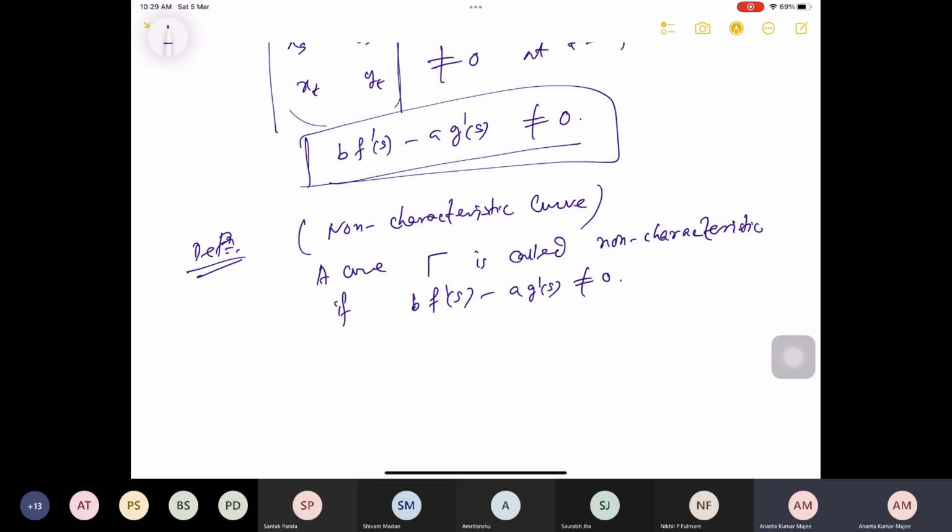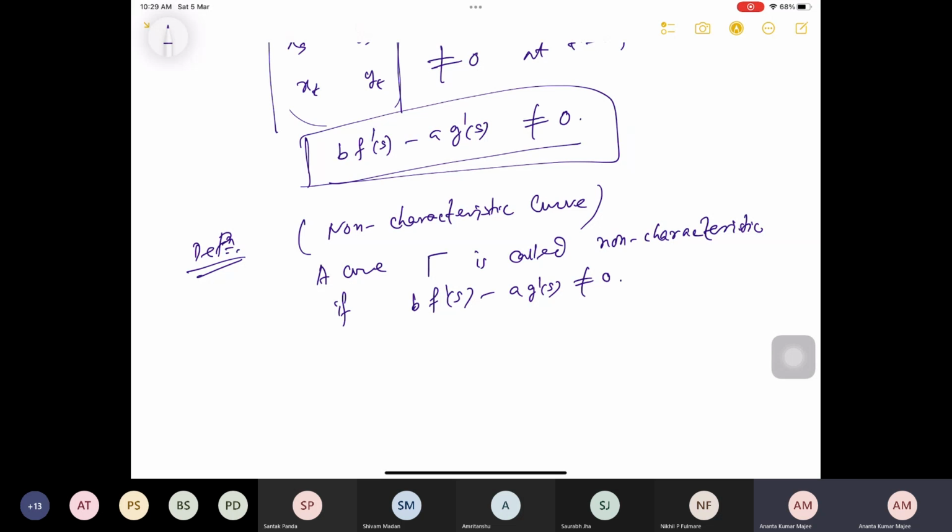It says that the tangent to gamma and the vector field (a, b, c) along gamma, if you project to the vector in the xy plane, are nowhere parallel. Is it not? Means they are perpendicular. They are nowhere parallel.